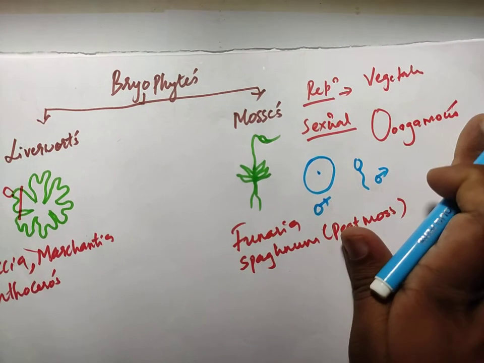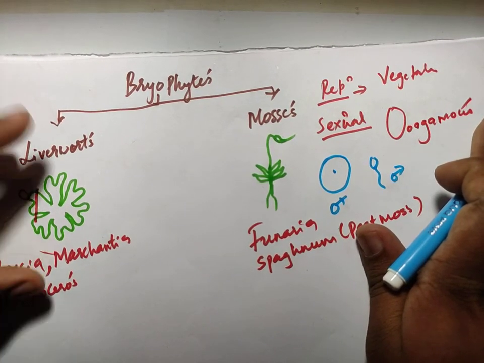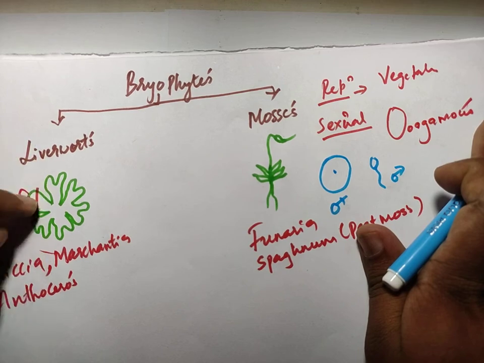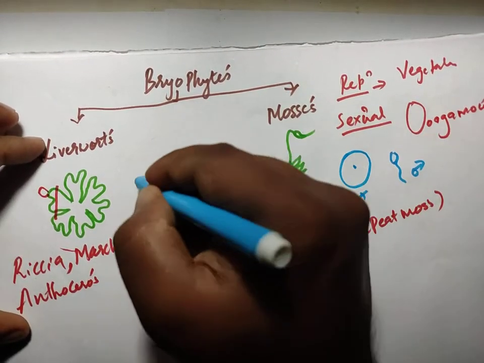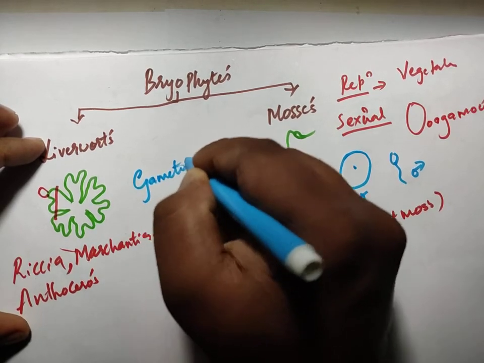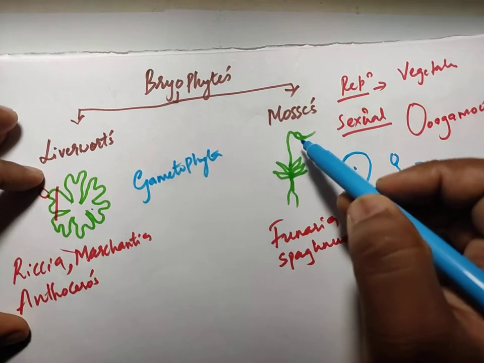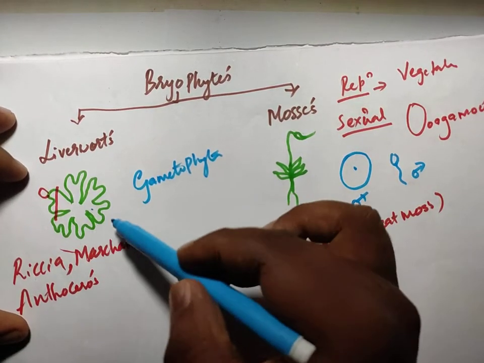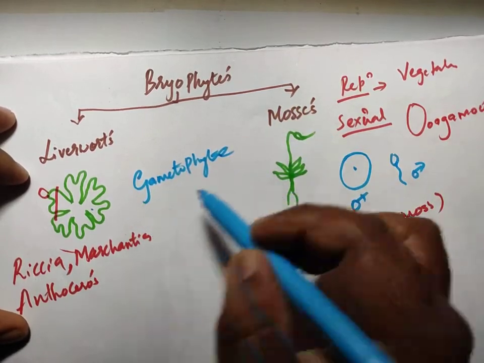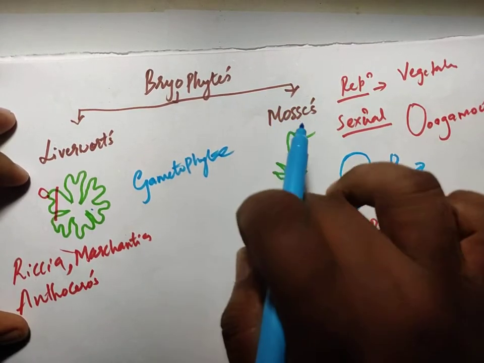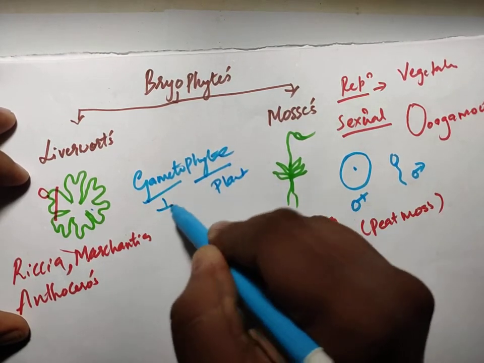So this is one thing. Now the thallus, or the plant that we have here, is called the gametophyte, whether it is a liverwort or a moss. The plant that is green in color is called the gametophyte. Why is it called gametophyte? That is very important. Phyte refers to plant, and gameto refers to gamete.